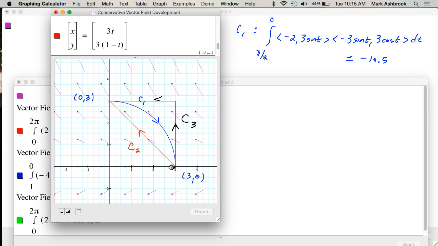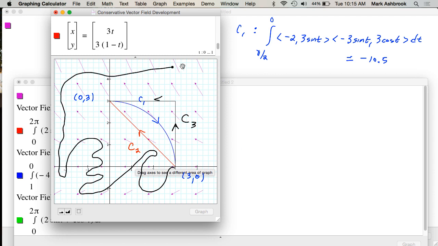How about this? C4. What's the work done to get from 3, 0 to 0, 3 along C4? 10.5.